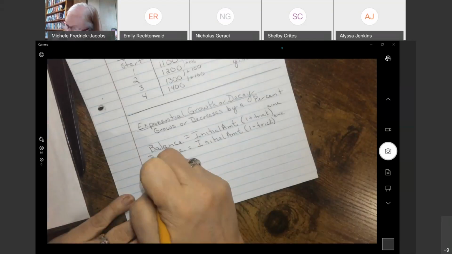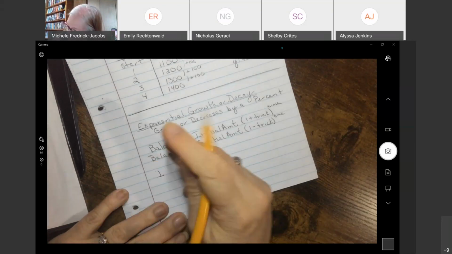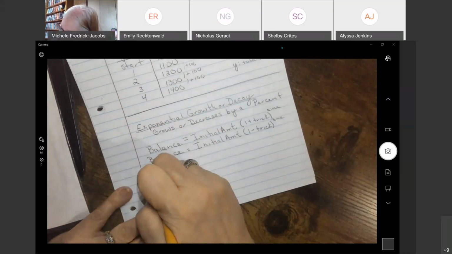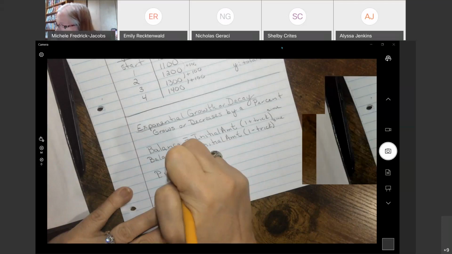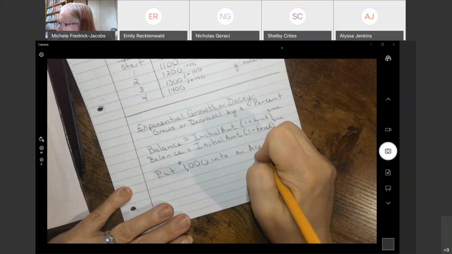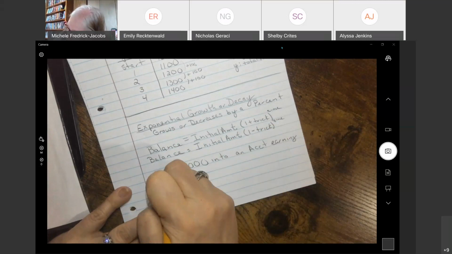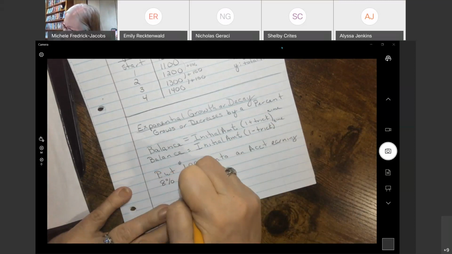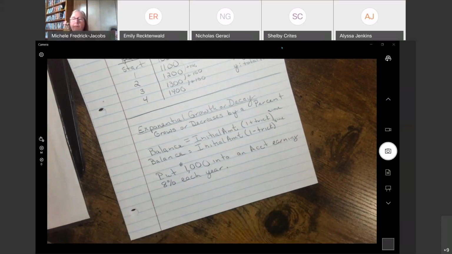So if we put $1,000 into an account, earning 8% each year, we want to write the equation.